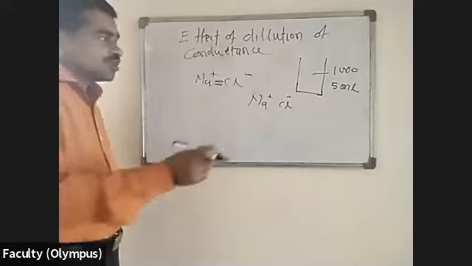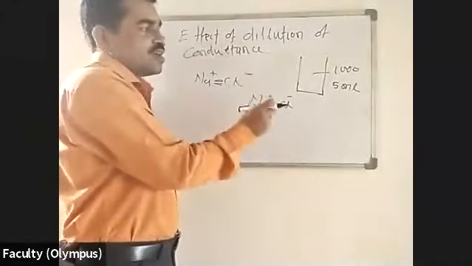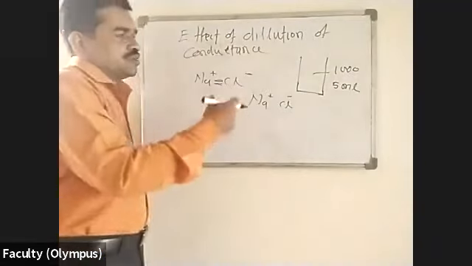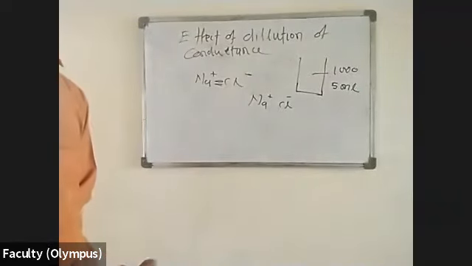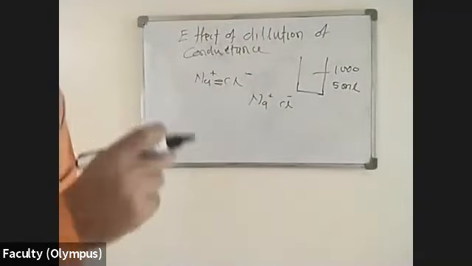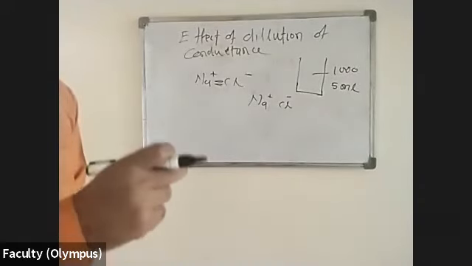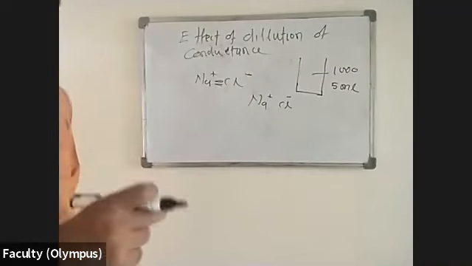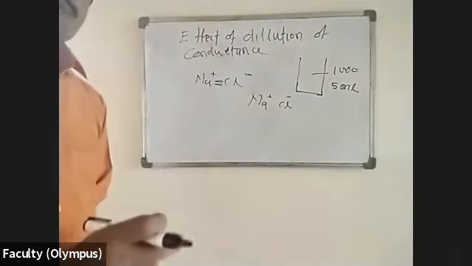Means what? The dissociation is less at higher concentration. If we take another one, a weak electrolyte, say acetic acid, then its dissociation is less. Less number of ions are formed in concentrated solution.